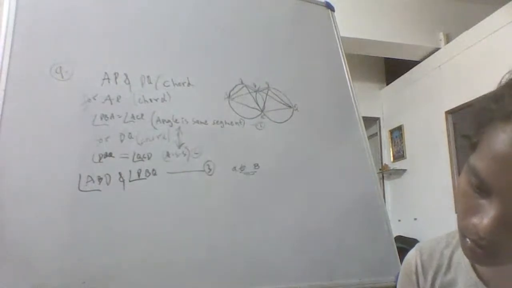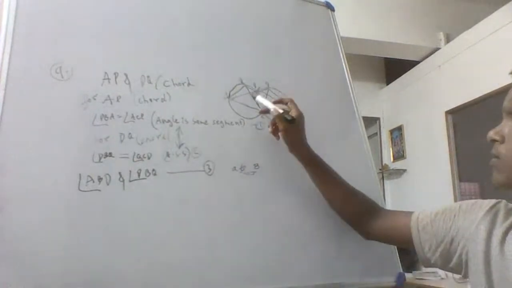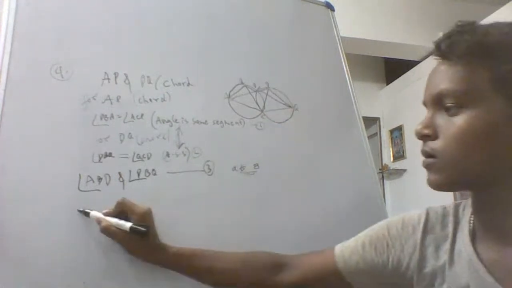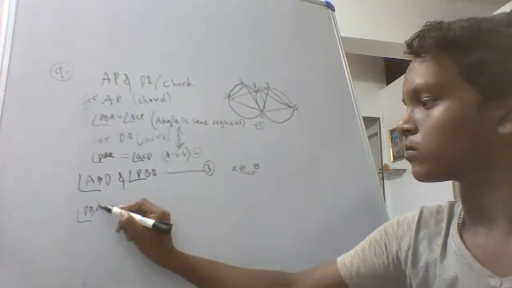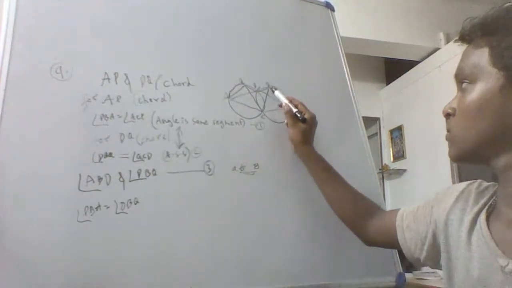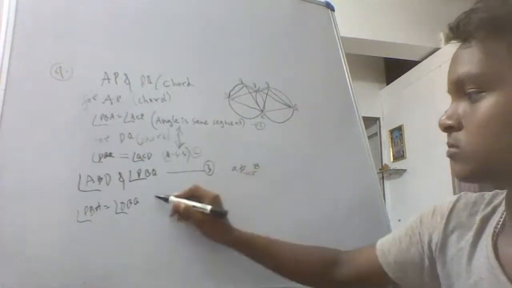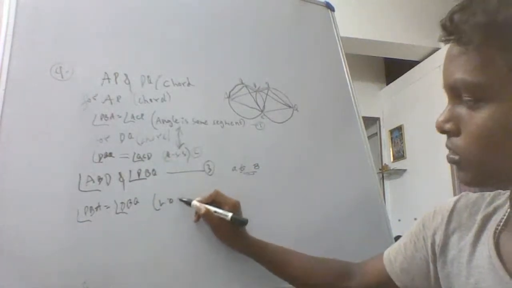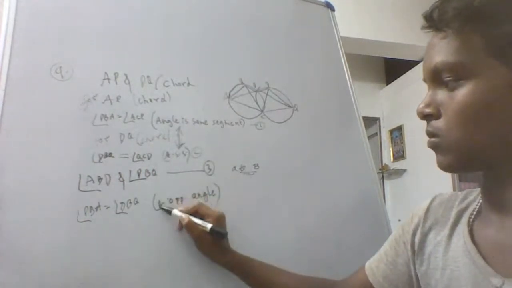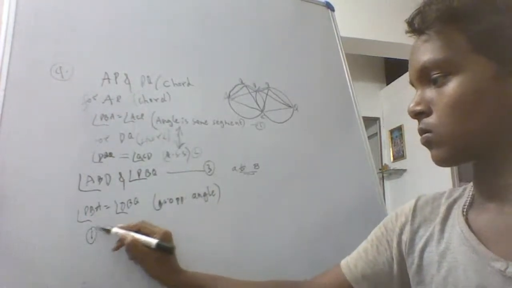Now angle PBA is equal to angle DBQ, vertically opposite angles. Now keep this as equation 3.